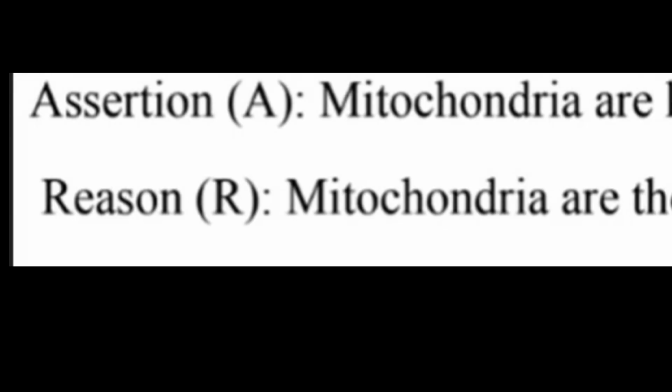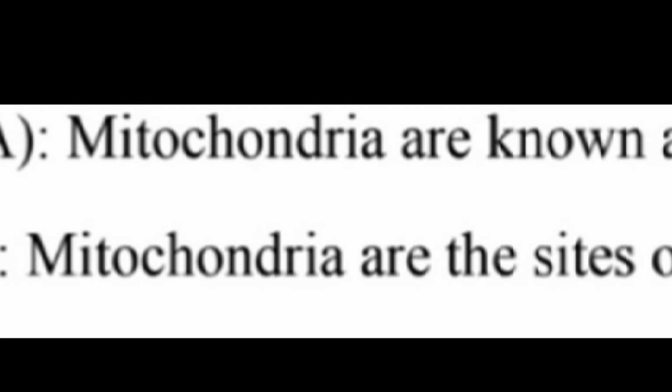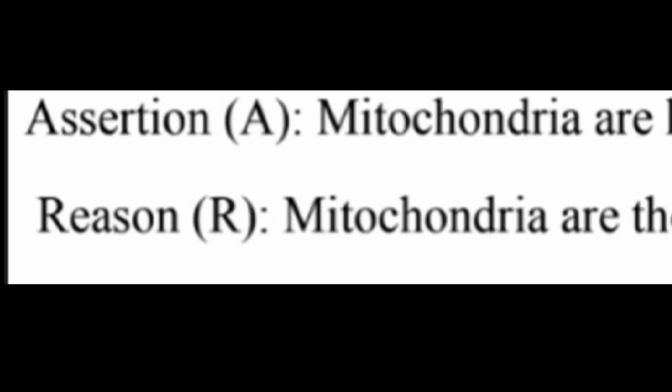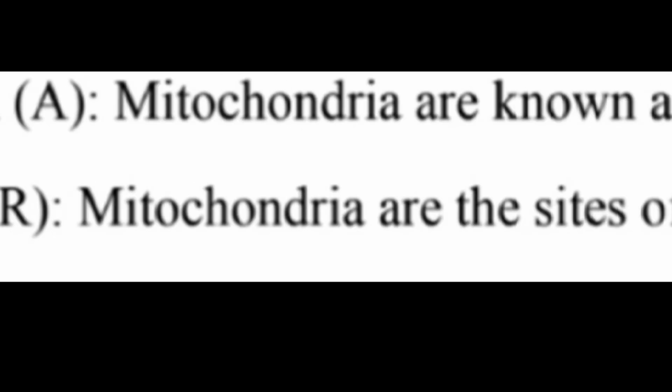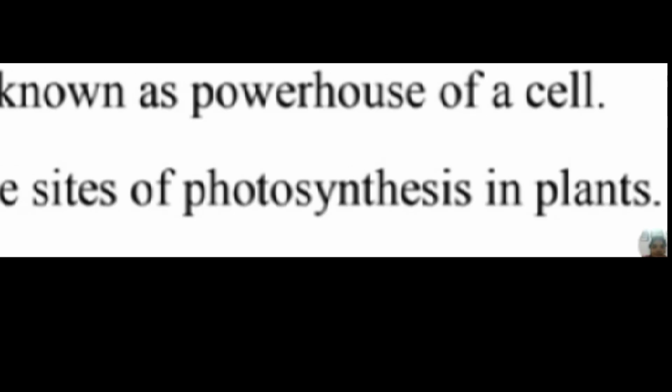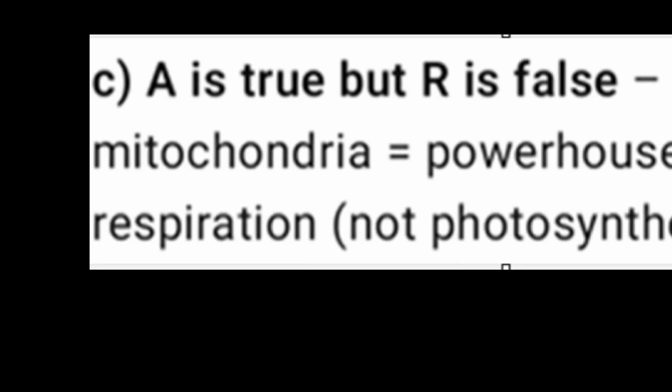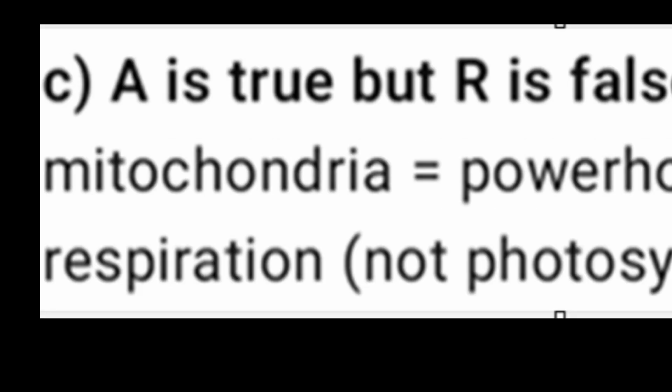Assertion: mitochondria are known as the powerhouse of the cell. Reason: mitochondria are the sites of photosynthesis in plants. Here option C is the answer because the assertion is true but the reason is false. Mitochondria is a powerhouse, but it's not the site for photosynthesis, it's the site for respiration.